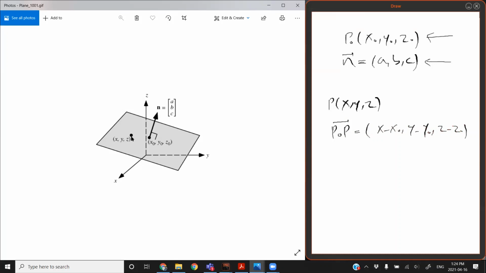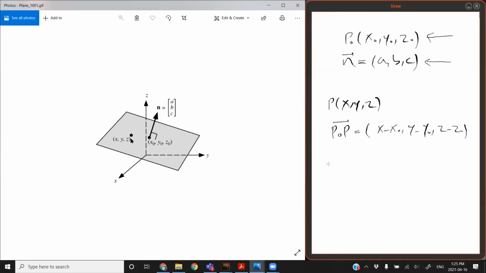Now, if the point XYZ is on the plane, then the vector P0P and the vector N will be orthogonal. But if the point P is outside of the plane, then the vector N and the vector P0P will not be orthogonal.